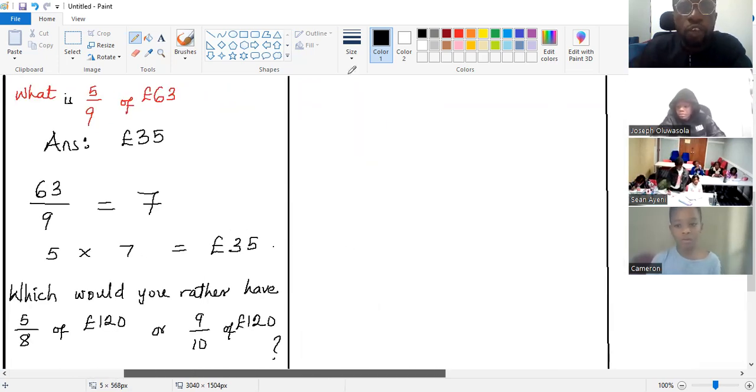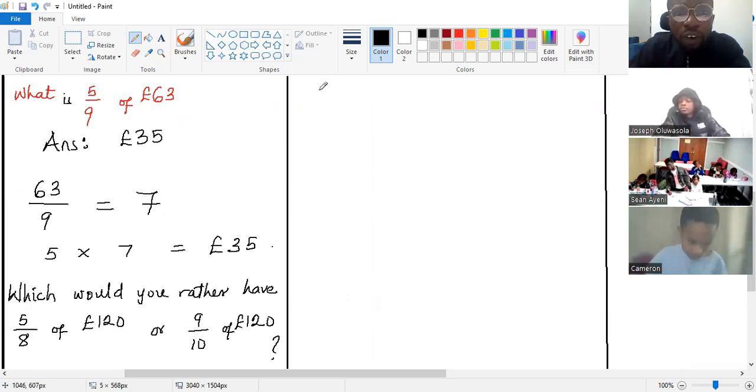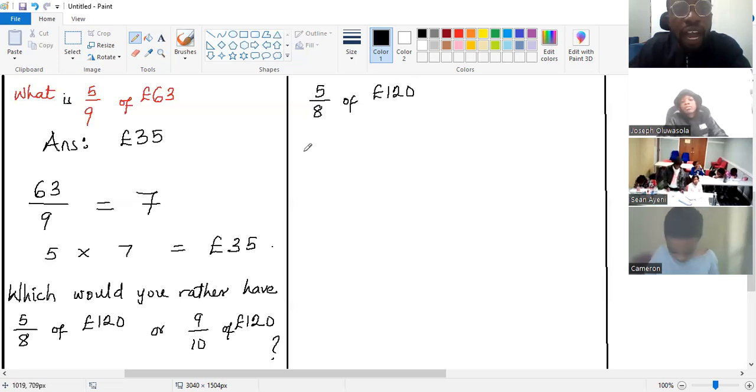All right? So 5/8 of 120 pounds. This is what we do. Let's divide 120 pounds by 8. How many times can 8 go in 12?